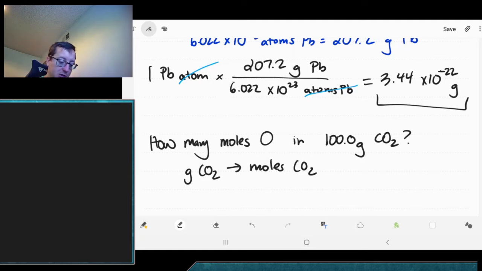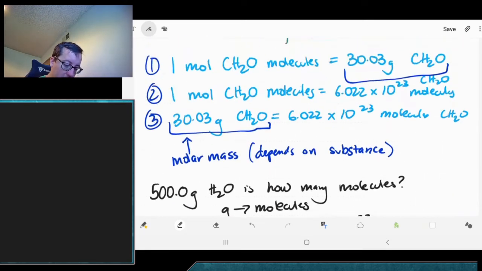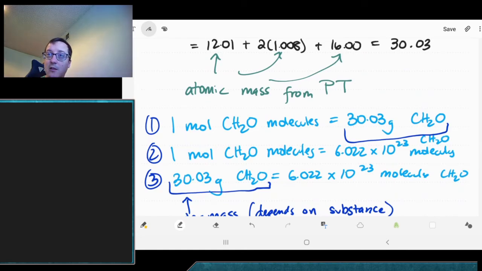We've been using conversion factor 3 here, grams to molecules, or grams to atoms. But now that I want moles, we'll use the first conversion factor, moles to grams. We don't have to worry about molecules.